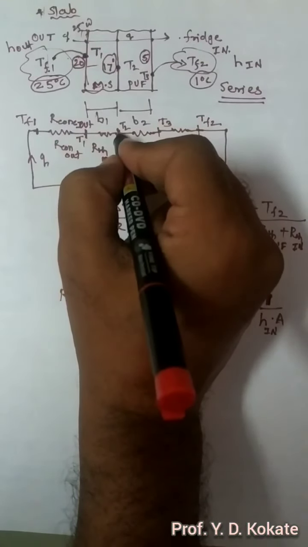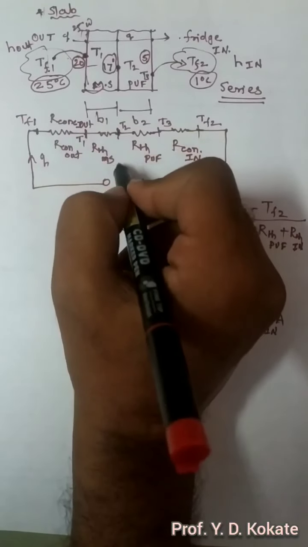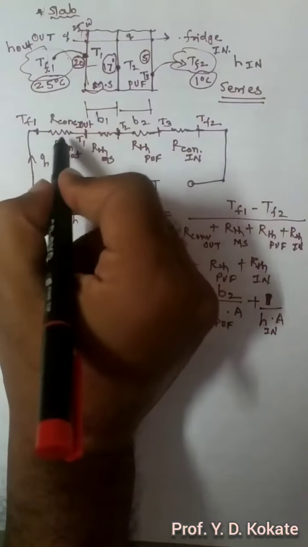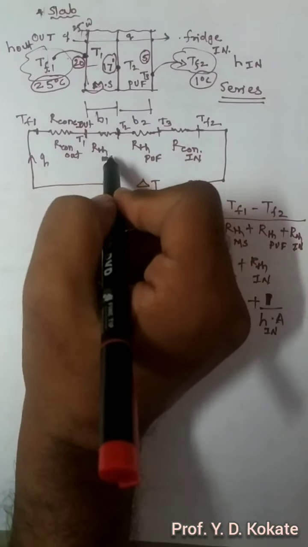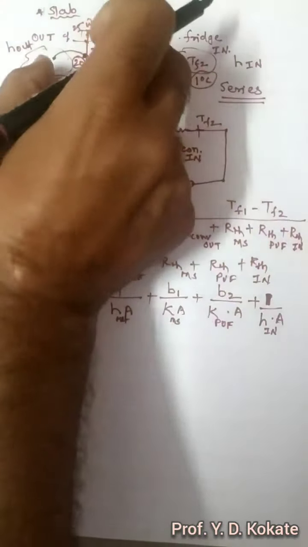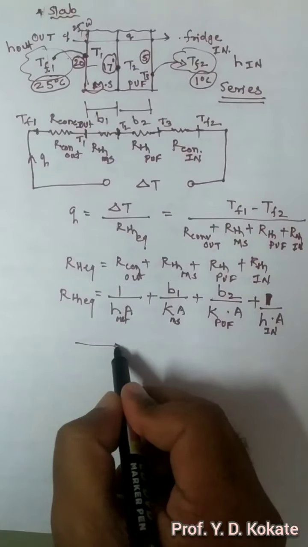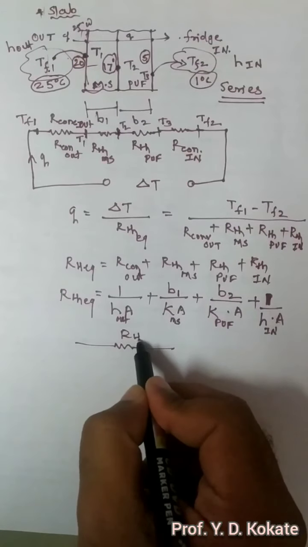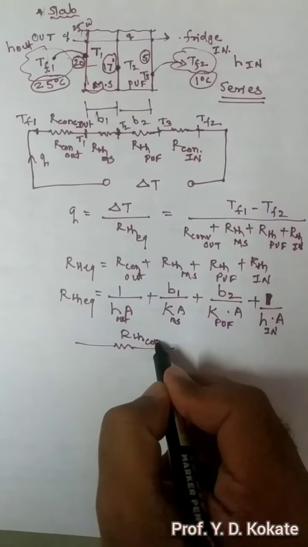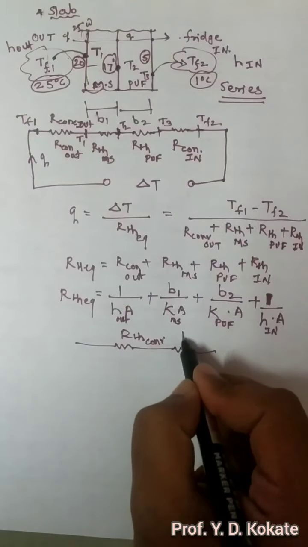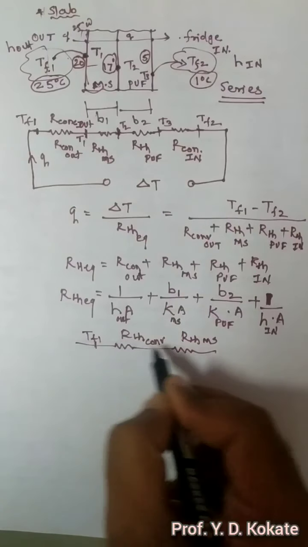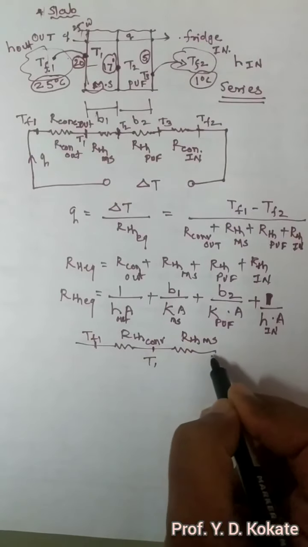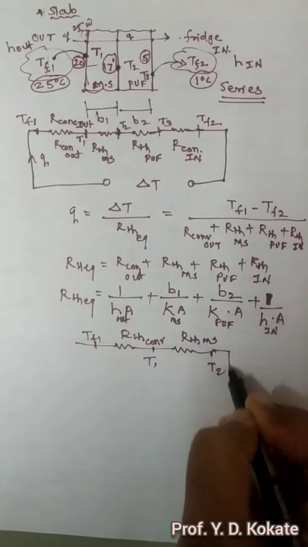So you wanted to know the T2 temperature, so you take this much as your circuit. How many resistances are in between this circuit? Only 2, convection and 1 due to the MS plate. So I can have a circuit like this, R_th due to convection and R_th due to MS. Here will be TF1, here T1, and here T2.